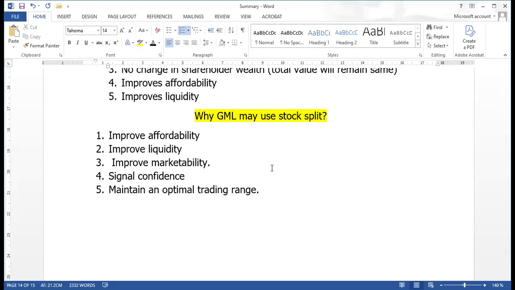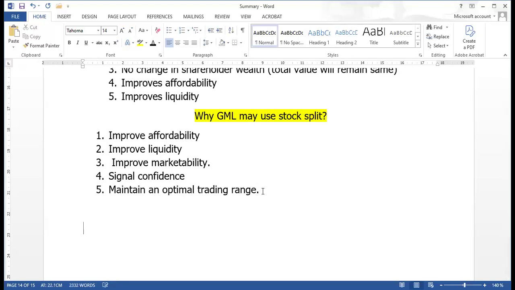And how can we do that? We do the stock split. If the price is outside our scope, then we do the stock split to be within our preferred scope. Okay, I think those are some of the points that I can put.